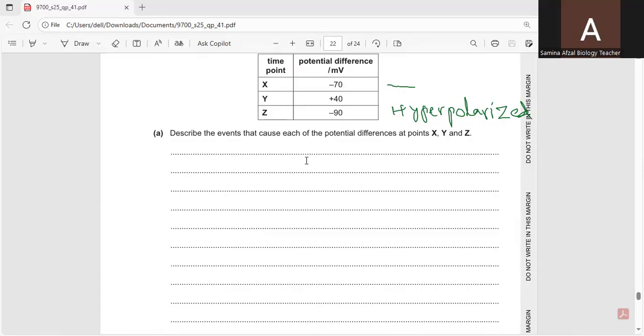So at minus 70, the membrane is polarized, and at plus 40, the membrane is depolarized.